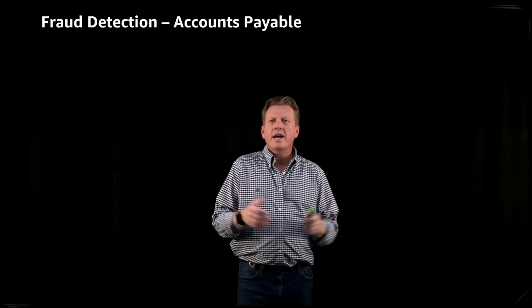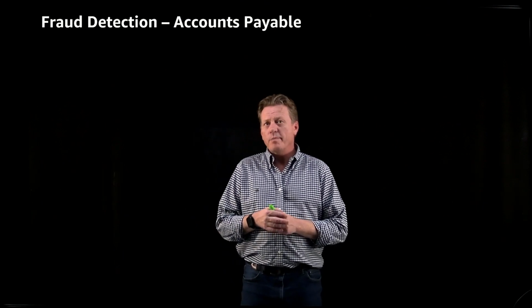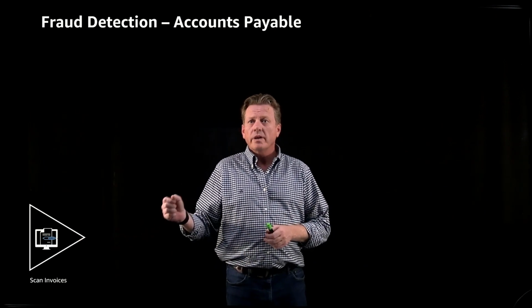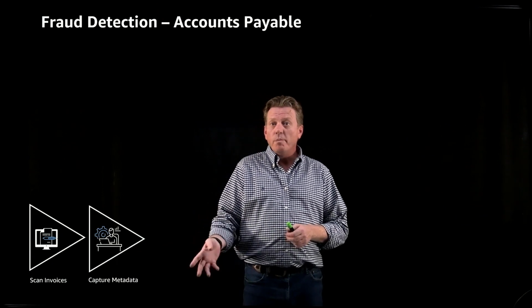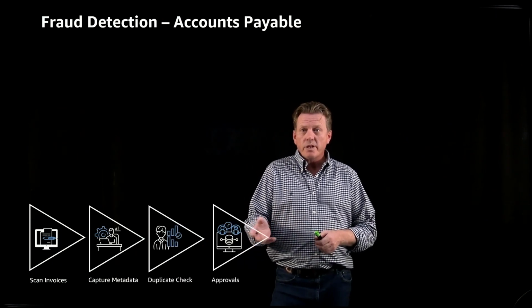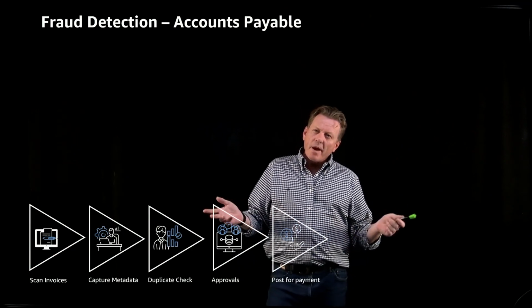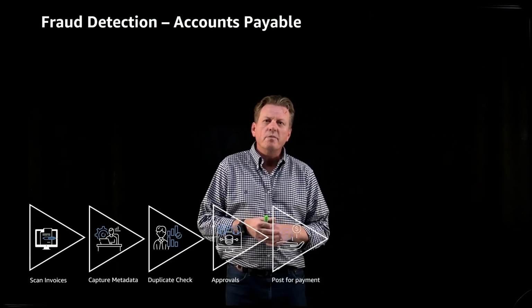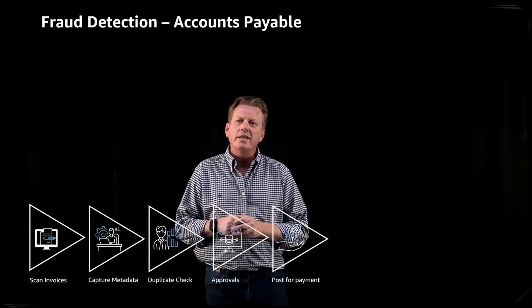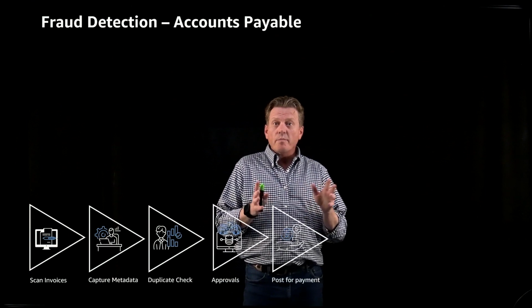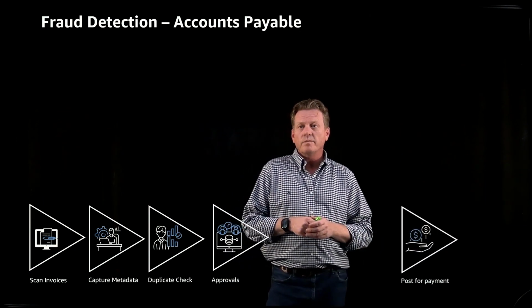If we consider a standard accounts payable process in SAP, it begins with scanning invoices, capturing metadata, duplicate checking, business rules and approvals, and posting for payment. So here at Payment Services, we are always looking to optimize and enhance a client's ability to run efficient automated processes which secure and protect the payment landscape.